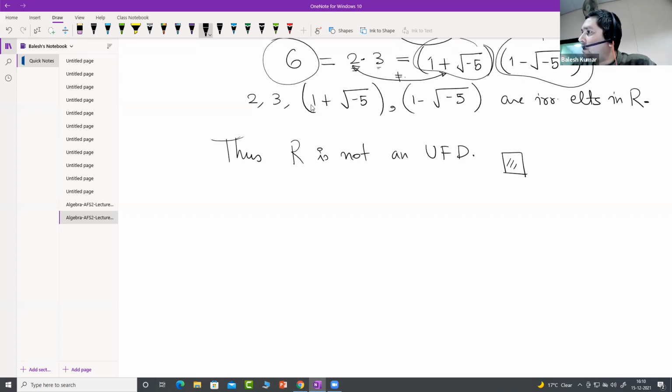So now let me proceed further. If you look at the case of integers, the factorization occurs in terms of primes.